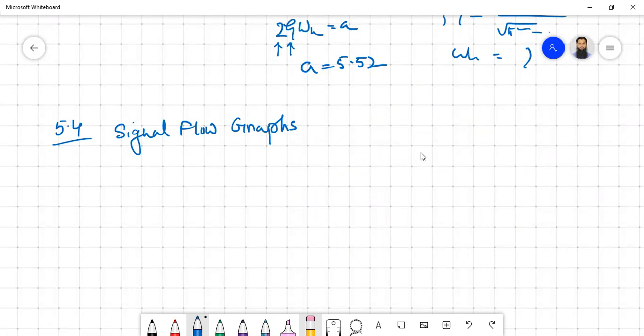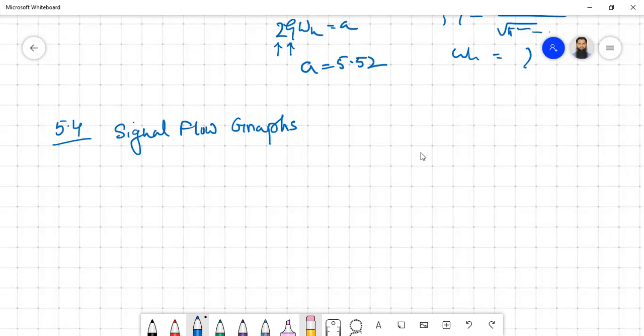In the previous technique, block diagram reduction, the system was represented by a block and the signal by an arrow, and there were two other components, the summing junction and the pickup point. But here we have only two components: one is a node, and the other is an arrow or branch.